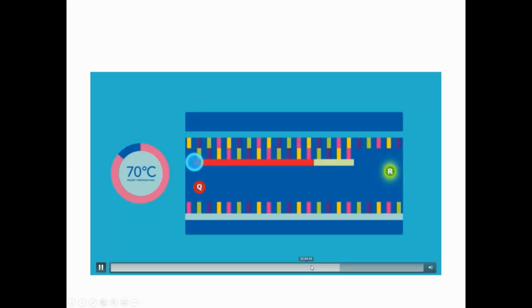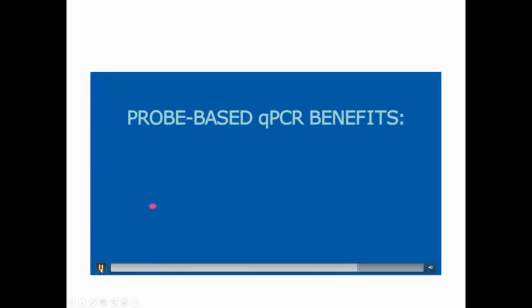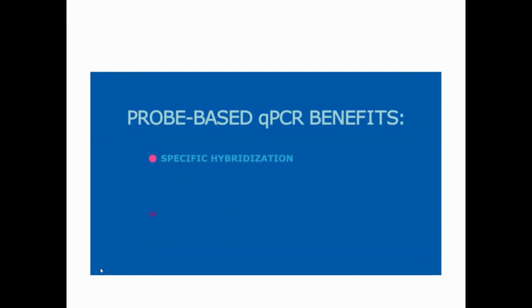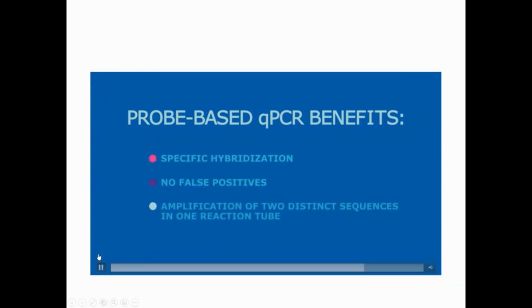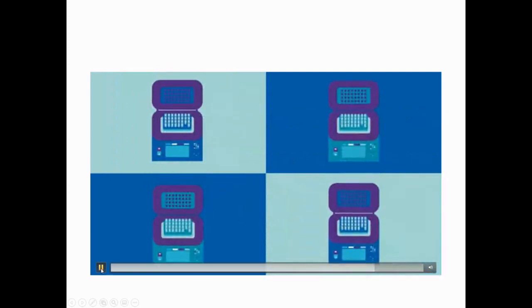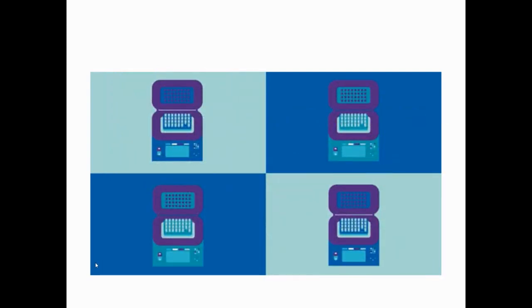The Cq values can be used to quantitate starting amounts of DNA, establish a standard curve for gene expression studies, or other analysis. Probe-based qPCR is a great option for specific hybridization, no false positives, and amplification of two distinct sequences in one reaction tube. Instrument compatibility is critical. So that's the probe-based qPCR.